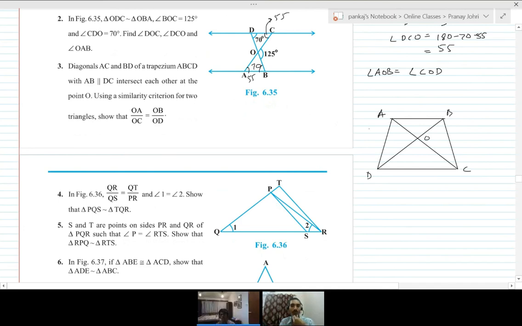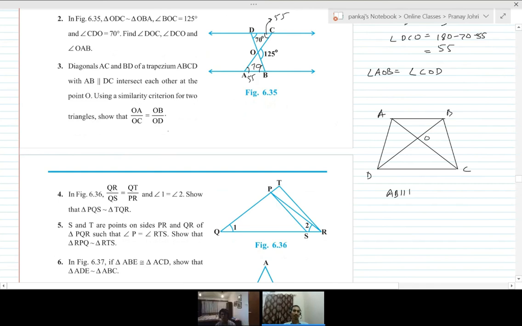AB is parallel to CD. Do we need to draw a line through O parallel to AB and CD? Is that needed?